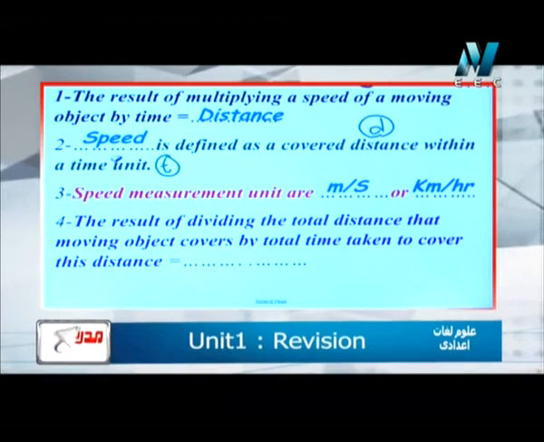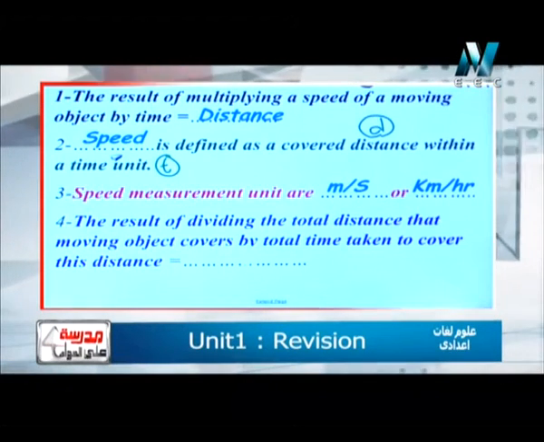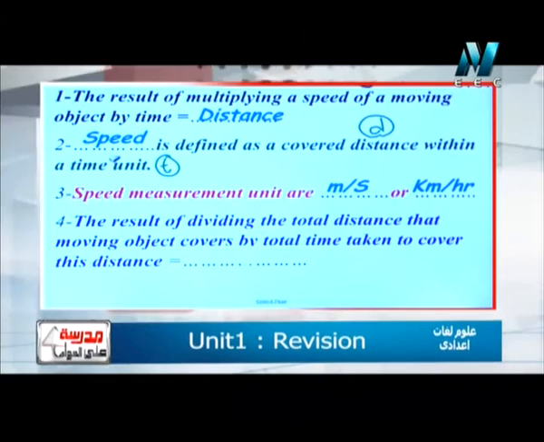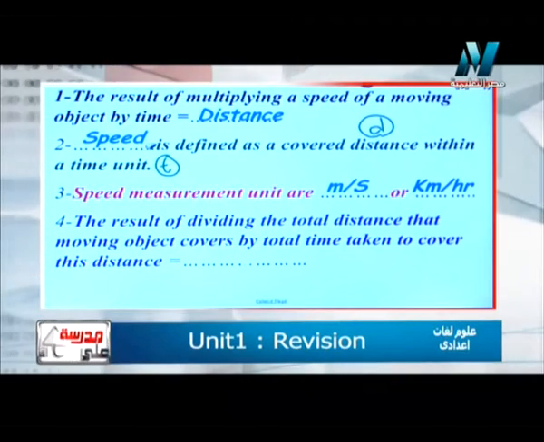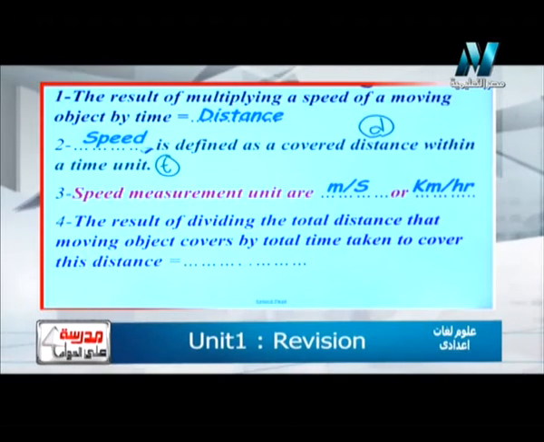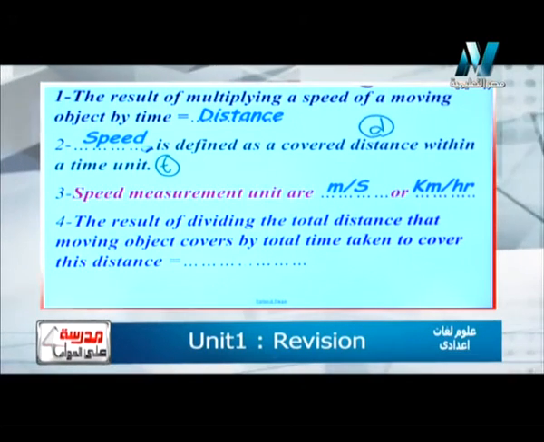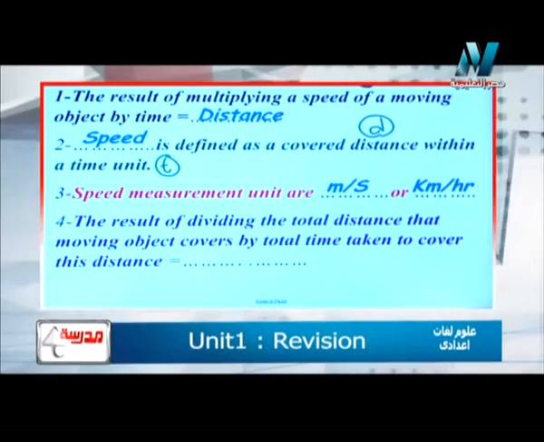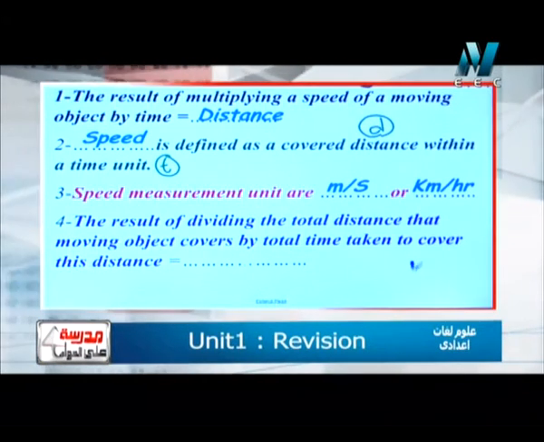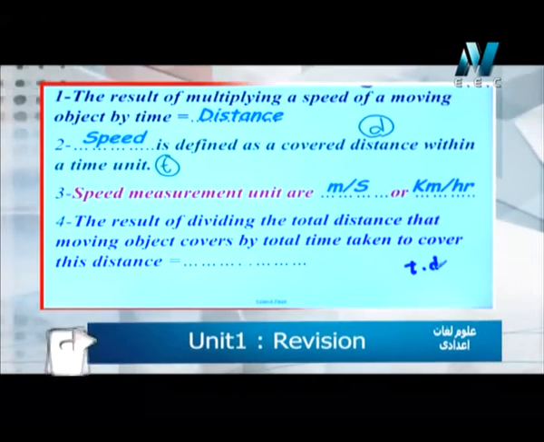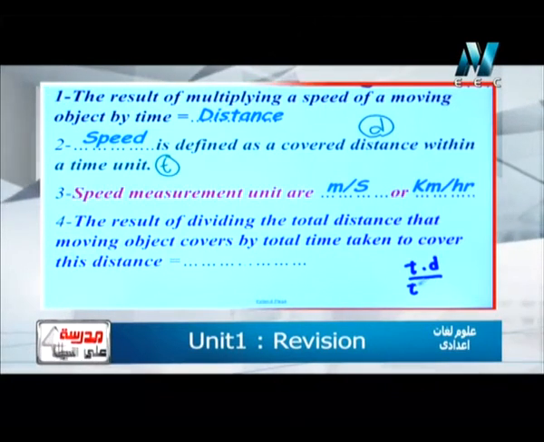Number 4, the result of dividing the total distance that a moving object covers by the total time taken to cover this distance. How can we answer this question from the mathematical rule? We can answer by total distance over total time taken.